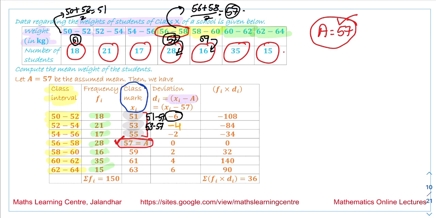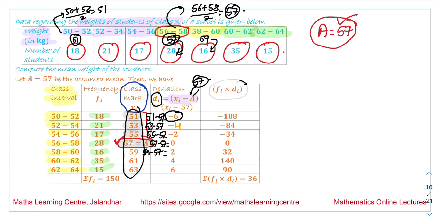Next is 55 minus 57, the answer is minus 2. Then 57 minus 57, the answer is 0. Then it is 59 minus 57. So we have subtracted a equal to 57 from all these terms to obtain the value of di.